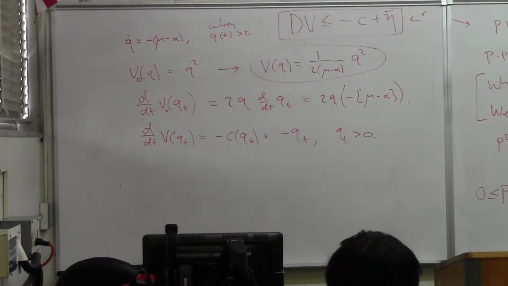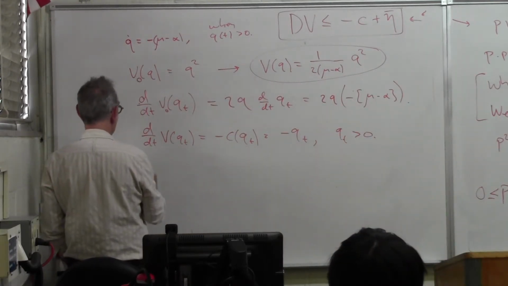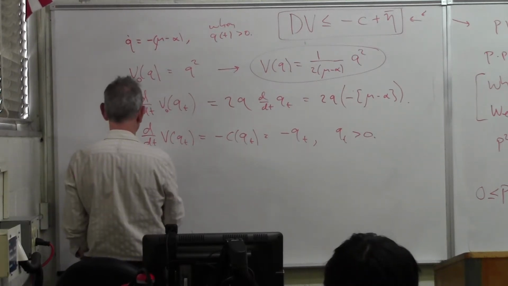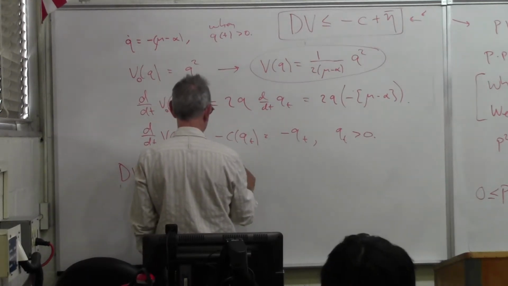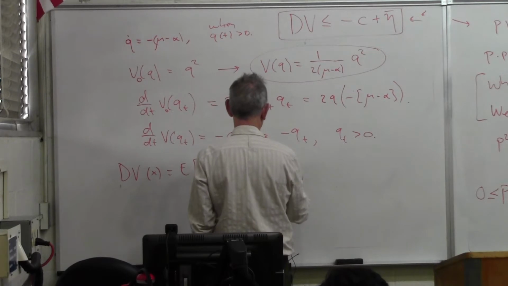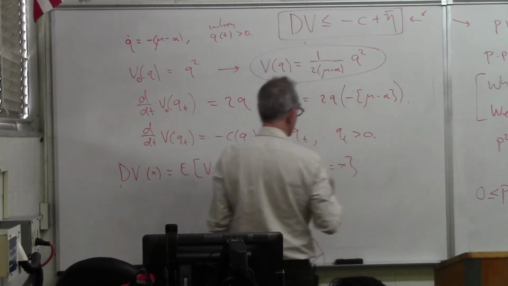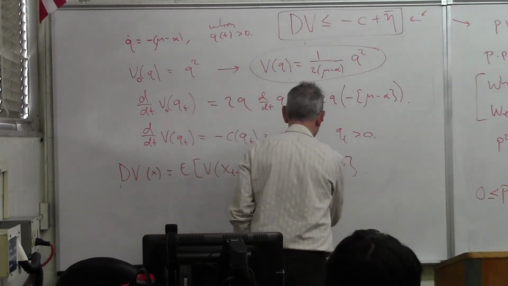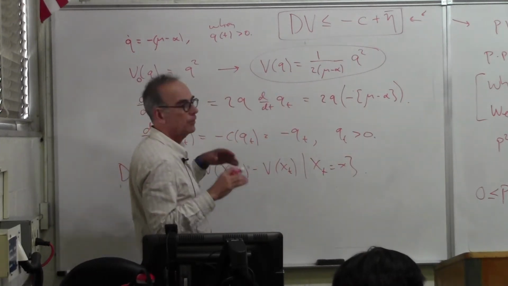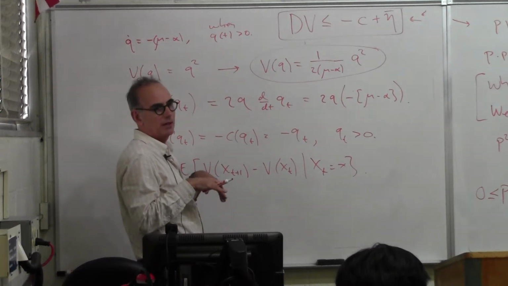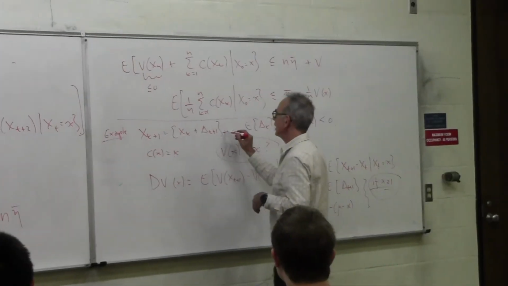Derivatives are like differences, so let's try it out. If you go back to dv for the stochastic model, qt, and do the same thing, the 0 is annoying because of this reflection term, the positive term.